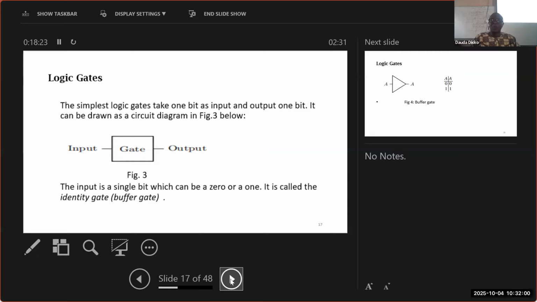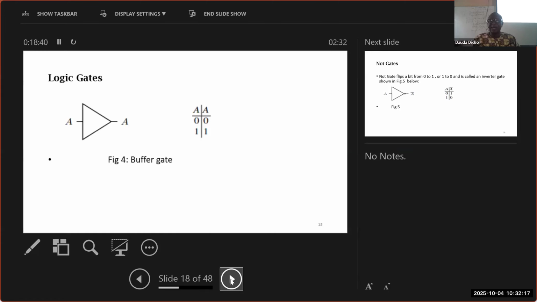That type of gate whose input is the same as its output is called the identity gate or the buffer gate. So if the input is 0, you expect the output to also be 0. If the input is 1, the output is also 1.